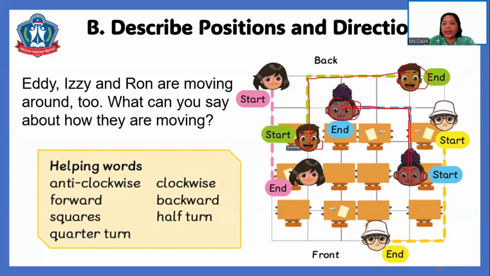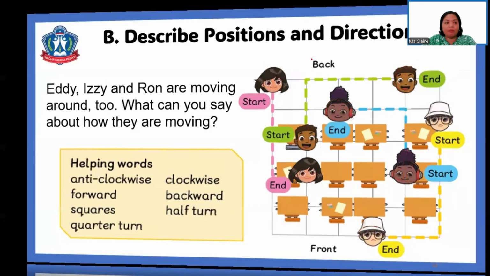She ends here, right? Then we have Ron. Starting point of Ron here, move forward, then he turns anti-clockwise here and moves here. So let's try to find out how these children move in our class.